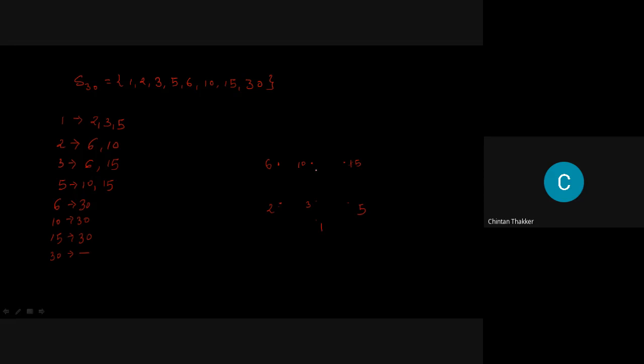And 30 is the highest element. Now 1 is connected with 2, 3, and 5.